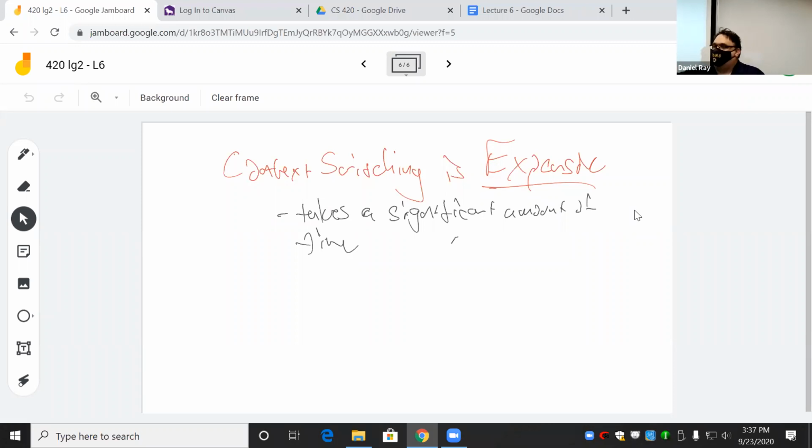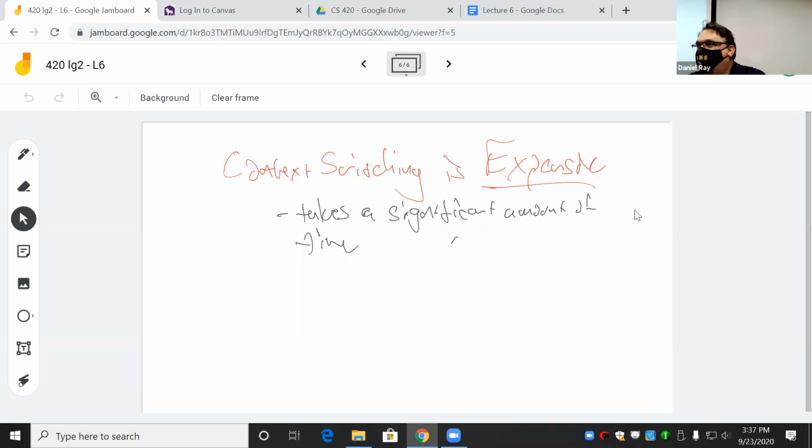Then and only then can you begin to execute, again, that new process that just got switched onto the processor, okay? So that's what I mean when I say that this is expensive and that it takes a significant amount of time, okay? None of that is what we would call a good use of the processor, right?